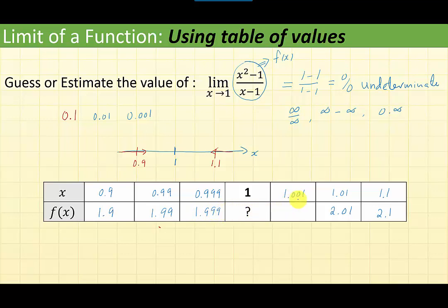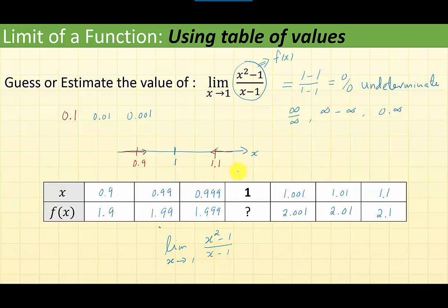When x is 1.001, f of x gave me 2.001. Now, can we guess the limit as x goes to 1 of (x squared minus 1) over (x minus 1)?